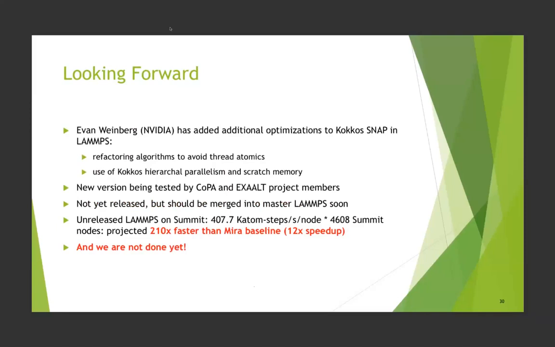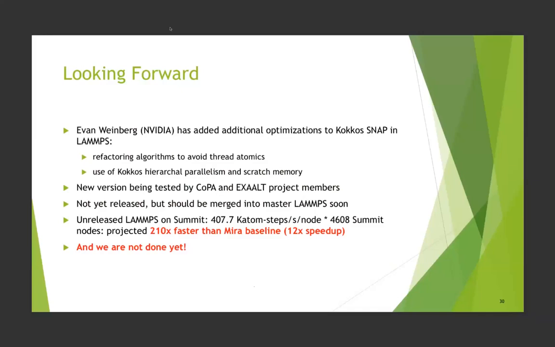And he added back in a judicious use of hierarchical parallelism and scratch memory. So as I said before, we originally had it in Christian Trott's version. We took it out with test snap, but then Evan added it back in some places. This new version is being tested. It's not released in lamps yet, but will be released eventually.